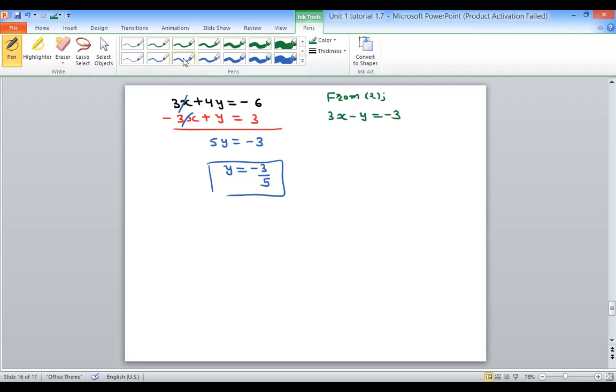Put y is equal to minus 3 by 5 here. 3x as it is, minus of minus 3 by 5 is equal to minus 3. So students, here it's minus minus plus. 3 by 5, minus 3.